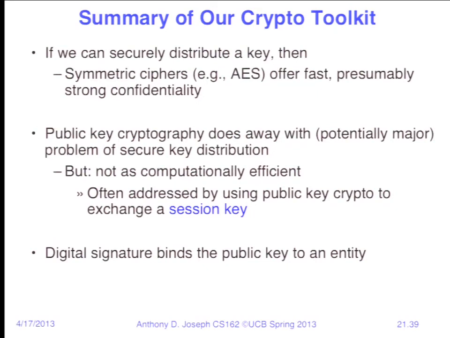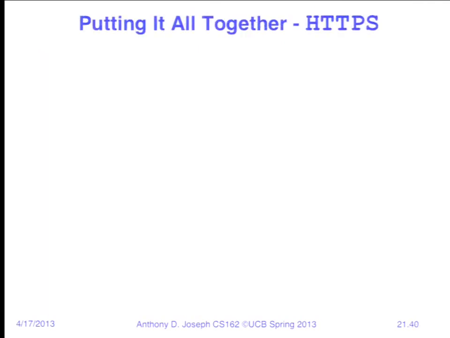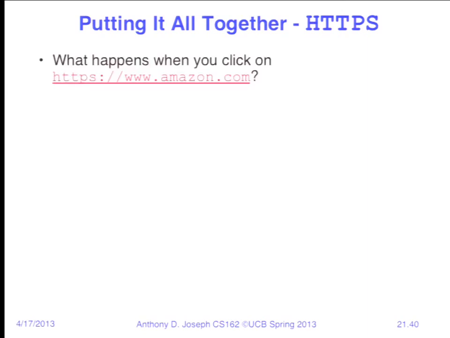So let's pull all of this together and look at how we use it in practice. It's the holiday season, so we go to Amazon. When you type https://www.amazon.com into your browser window, what happens? First of all, your browser looks at this URL, this Uniform Resource Locator, and it sees the protocol field. This first field is HTTPS.